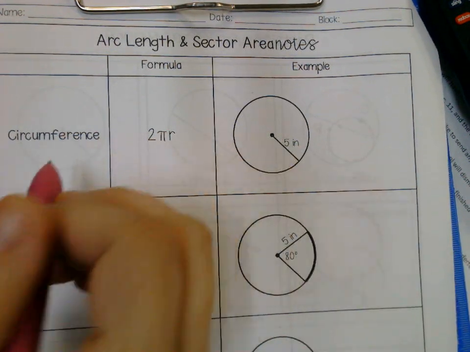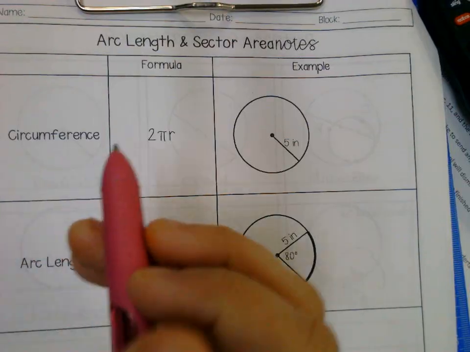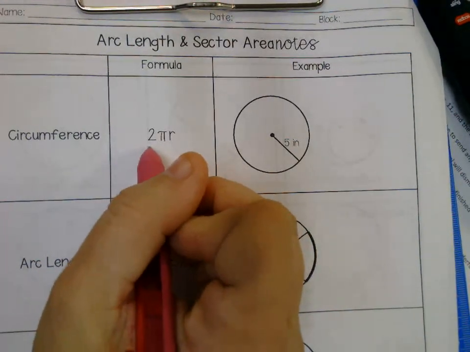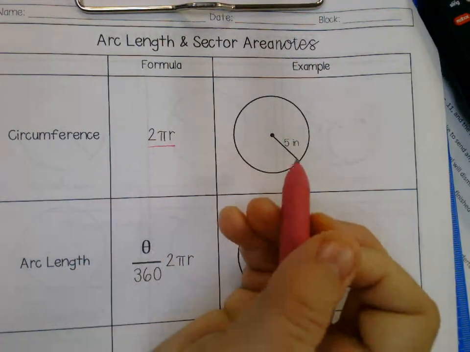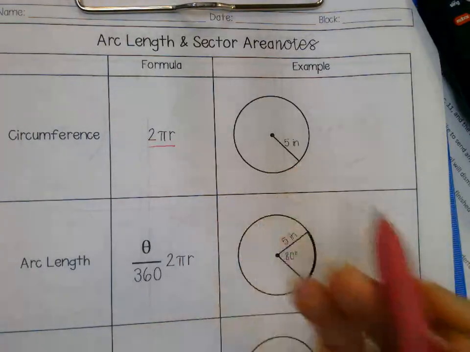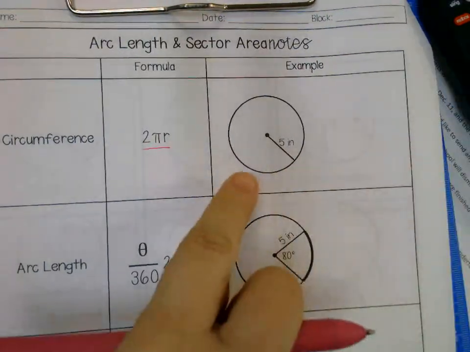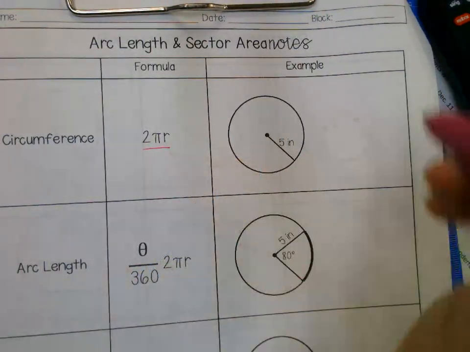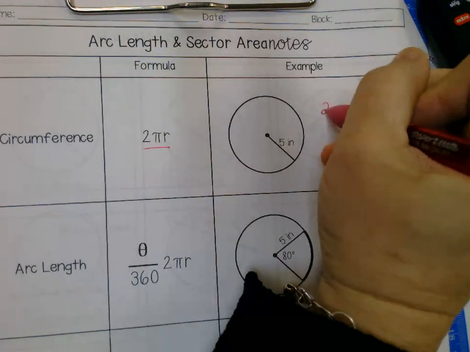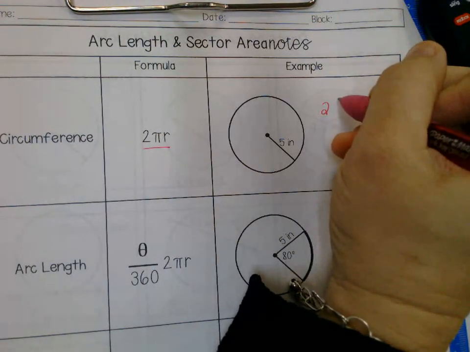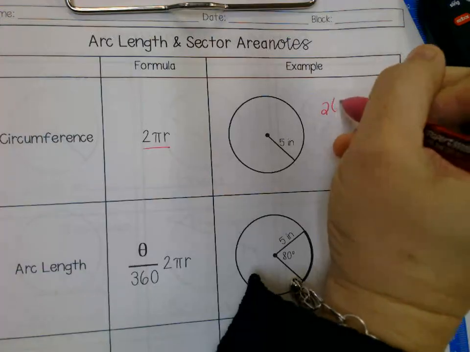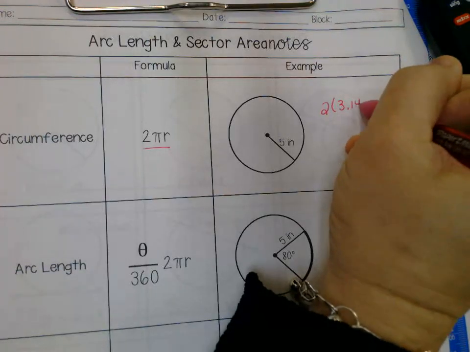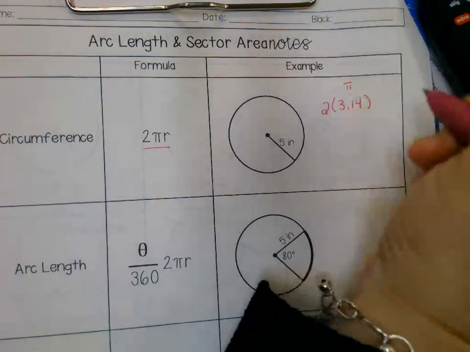Okay, so the first thing we're going to be looking at is circumference. It tells you the formula for circumference is 2 pi r. So to find the circumference of this circle, I'm going to do 2 times pi, which we're going to estimate is 3.14. That's my pi.